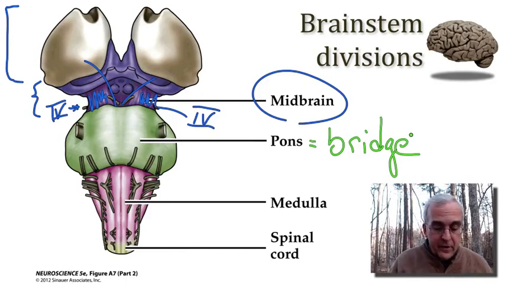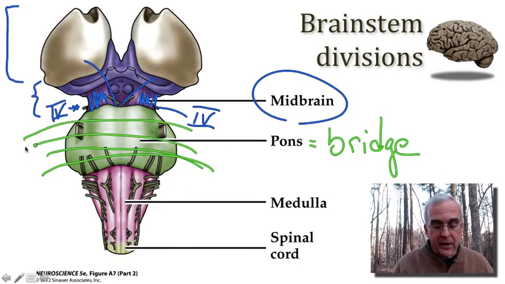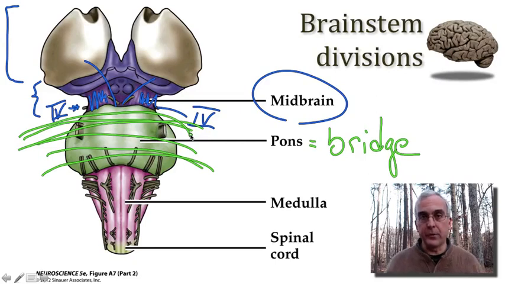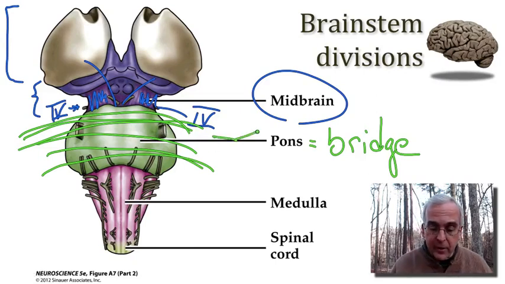So the pons contains these axons that are running in the medial to lateral direction. And these axons, we'll learn more about them when we talk about the cerebellum. They're providing input to the cerebellum.